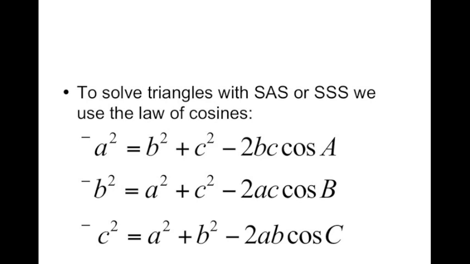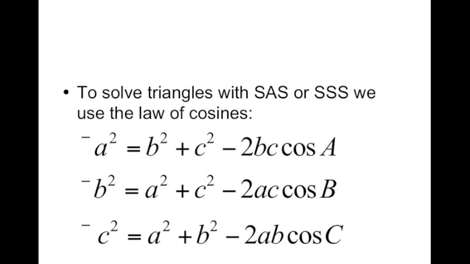But what is important to note about these equations is that whatever little letter is on the left-hand side all by itself, that is the same big letter that's inside of the cosine for the angle. So the little one that's all by itself matches the big one that's for the angle, and all of the other ones are the other 2 letters. Okay?